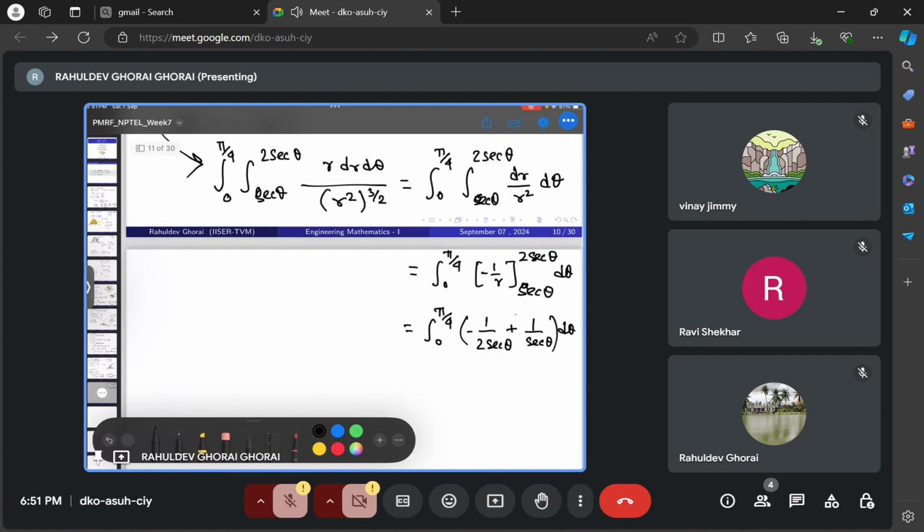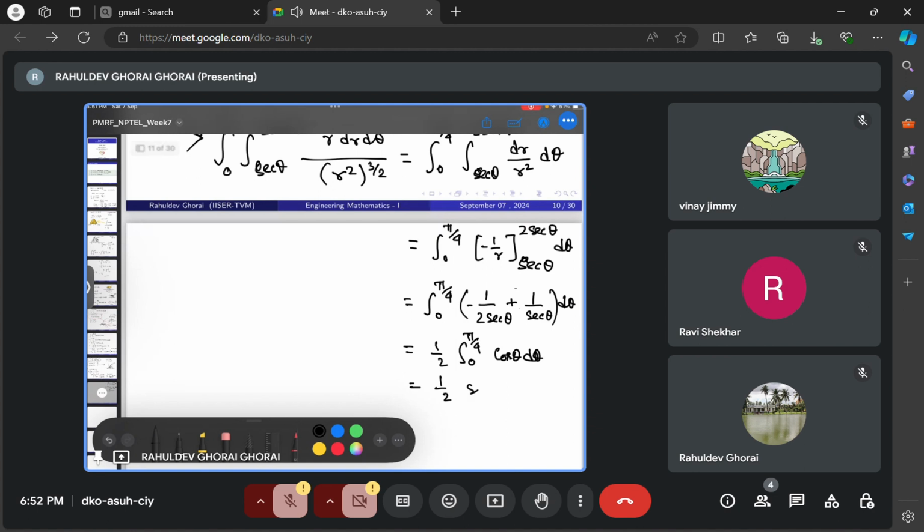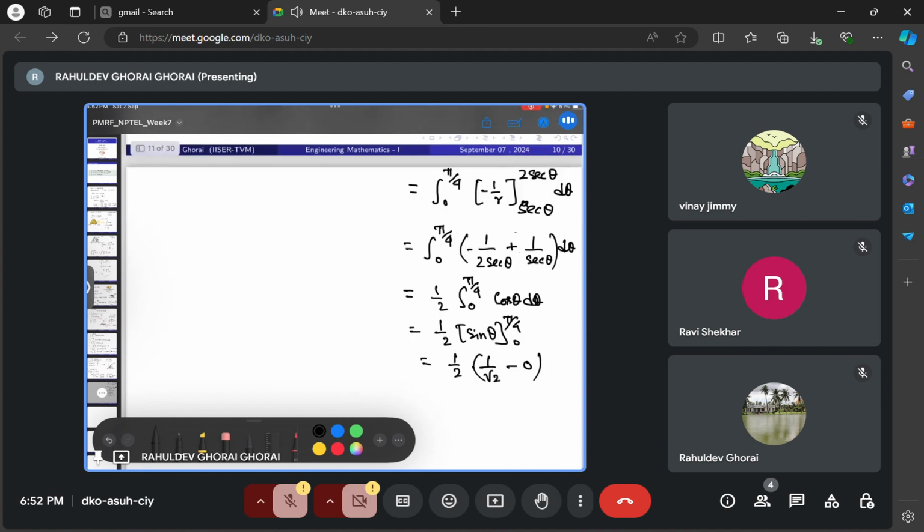That gives you 1 over 2, 0 to pi by 4, 1 over secant theta, that is cos theta d theta, which is nothing but half sin theta from 0 to pi by 4. That is 1 by 2 times sin pi by 4, which is 1 by 2, minus 0. So that gives you nothing but 1 over 2 root 2. That's the answer.